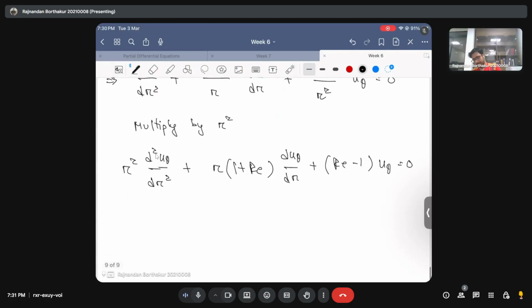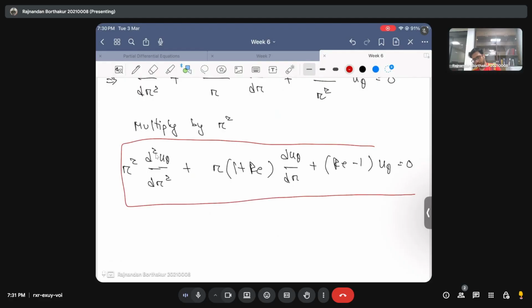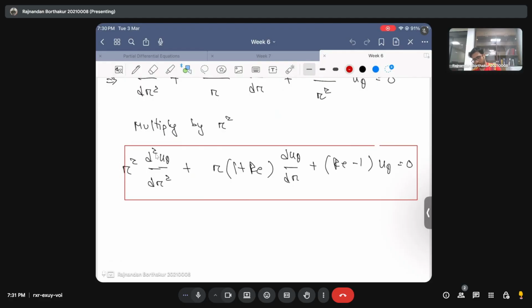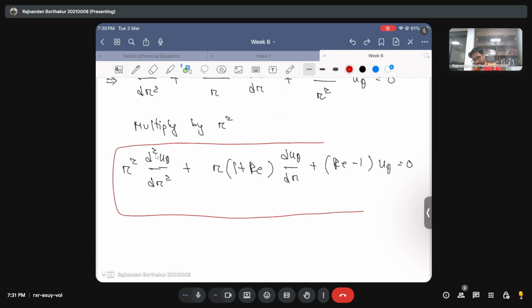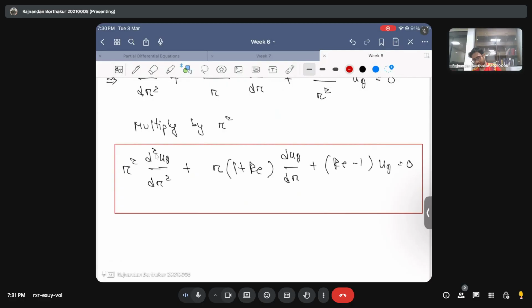That's the simplified equation that u theta is governed by if we substitute the fact that ur is equal to minus 1 by r, and do a little bit of analytical manipulation to get this simplified form.